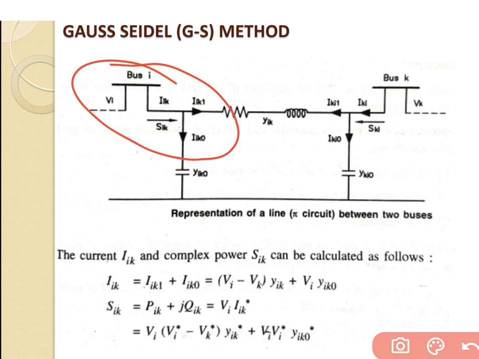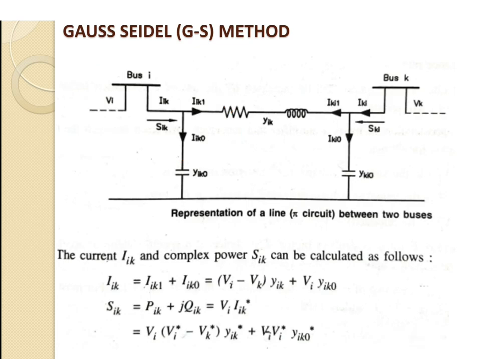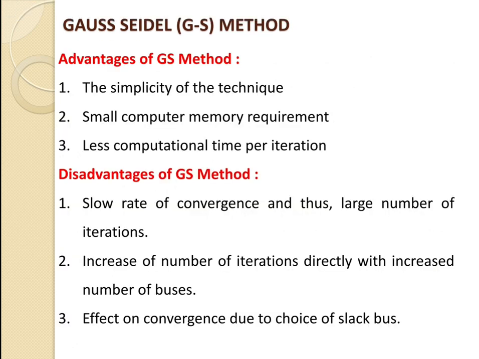Iik is equal to Vi minus Vk into Yik plus Vi Yik0. Then the complex power is given by Sik, that is equal to Pik plus jQik, which is Vi Iik star, that is Vi into Vi star minus Vk star into Yik star plus Vi into Vi star into Yik0 star. So this is the equation for the current and the complex power.